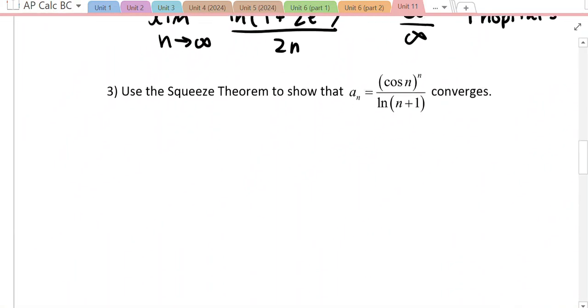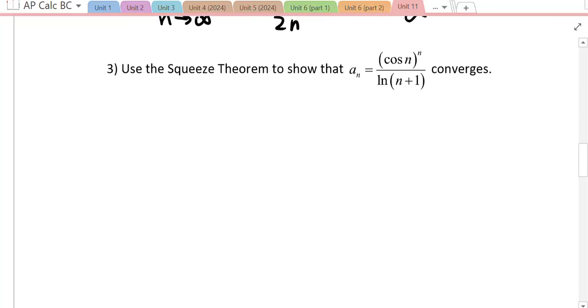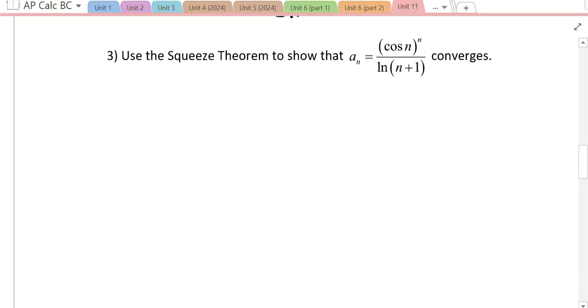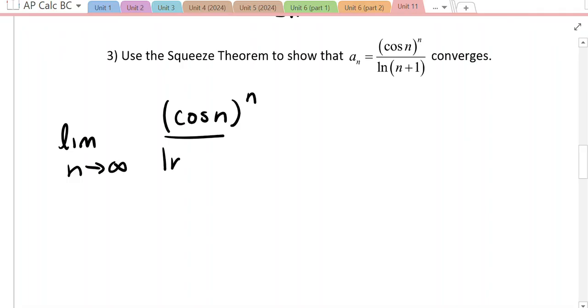Now, the squeeze theorem. Just like I did with limits earlier, I can still use the squeeze theorem on limits here. We're doing the limit as n goes to infinity of cosine of n to the n over ln of n plus 1. What I want to think about here is what two sequences I'm going to squeeze this between.